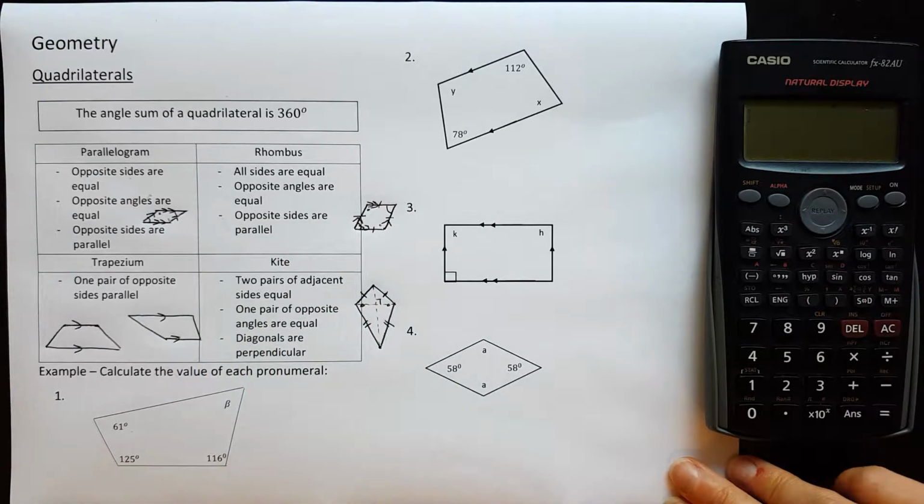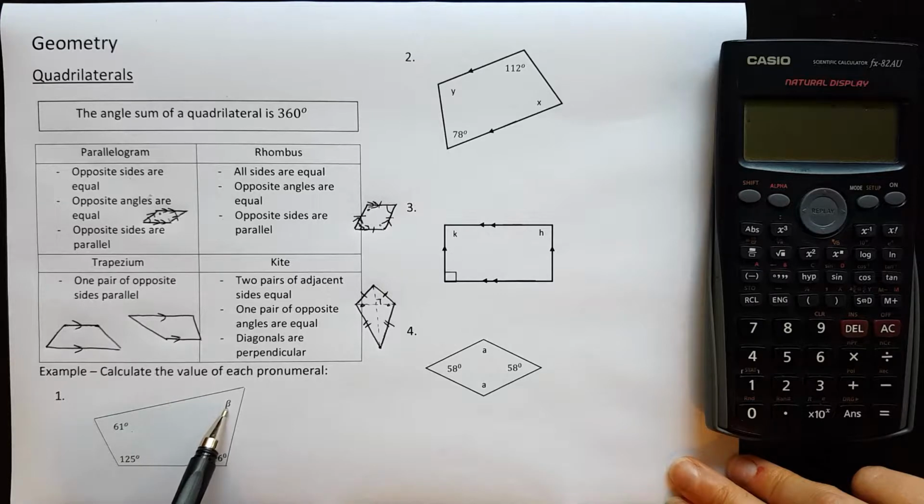Sometimes these properties are helpful in finding the value of pronumerals, which is what we want to do in our examples. Calculate the value of each pronumeral. Remember, four sides is a quadrilateral and the angle sum is 360 degrees.